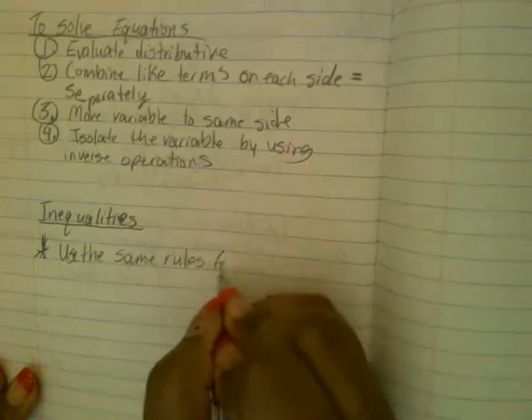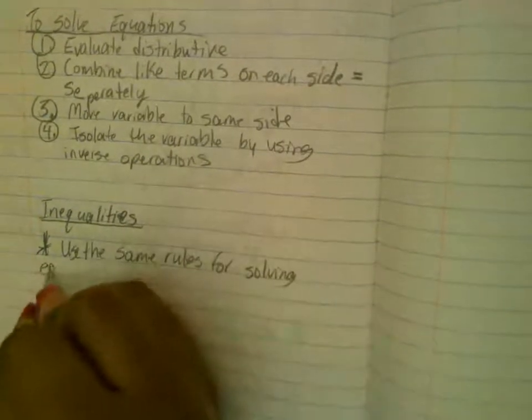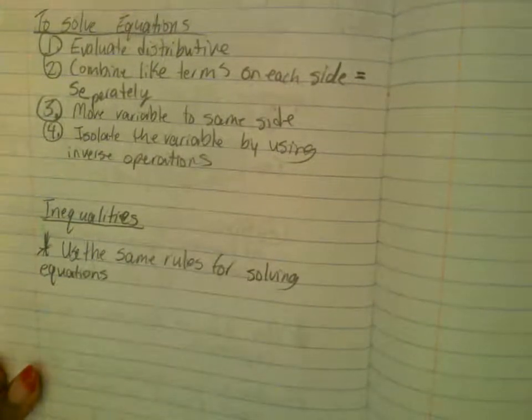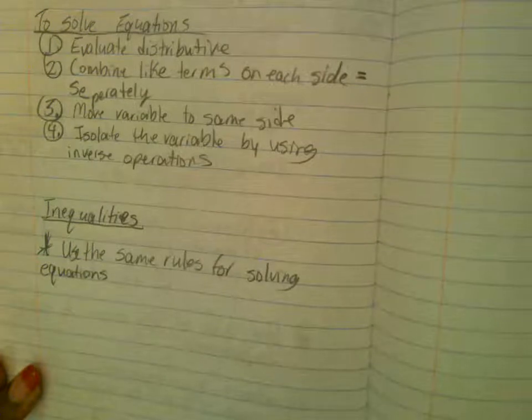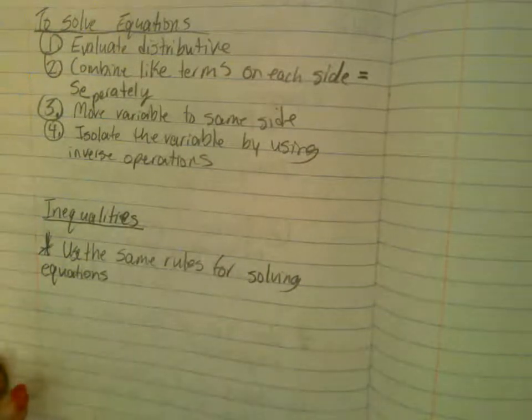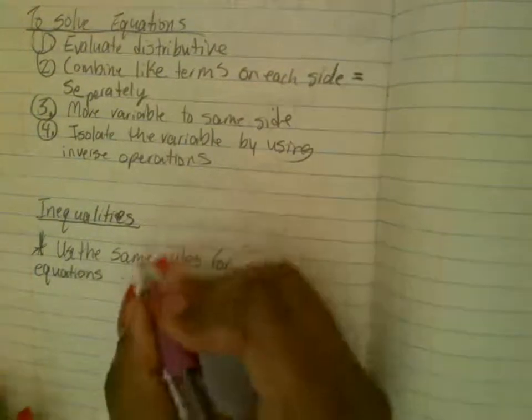Use those same rules for solving equations. The only thing that is going to be different is if you multiply or divide by a negative number, the inequality is going to flip.